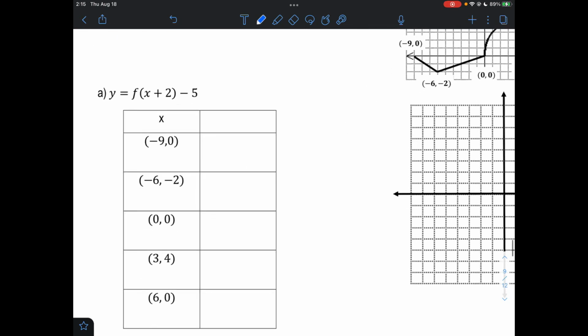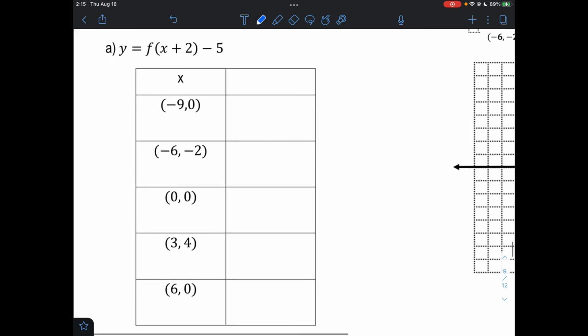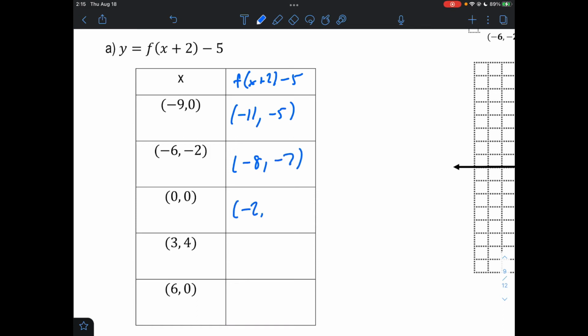So f of x plus 2 minus 5. The first point is going to move to -11, -5, and then -8, -7, -2, -5, 1, -1, and then 4, -5.